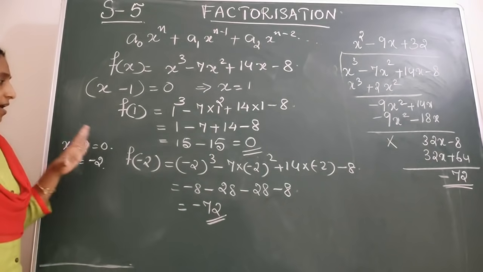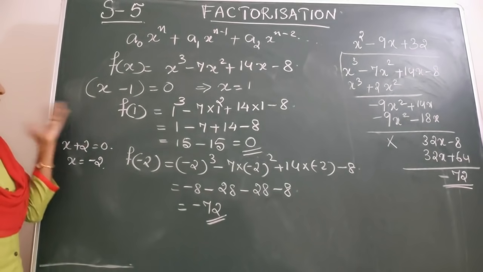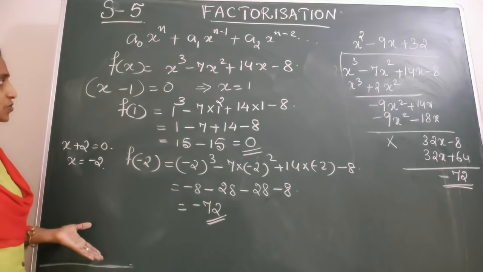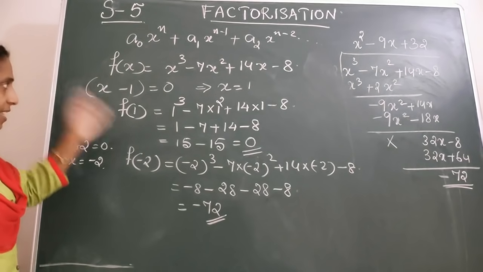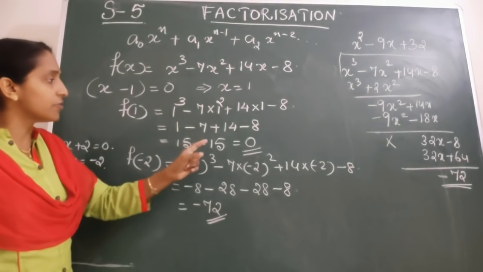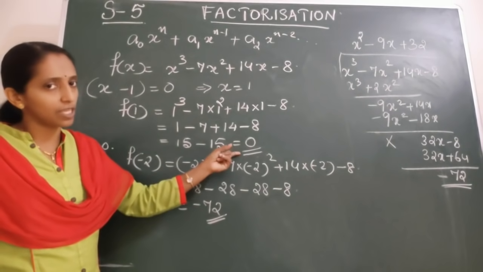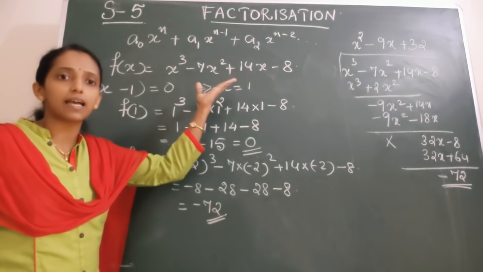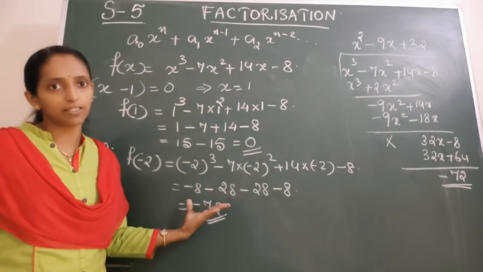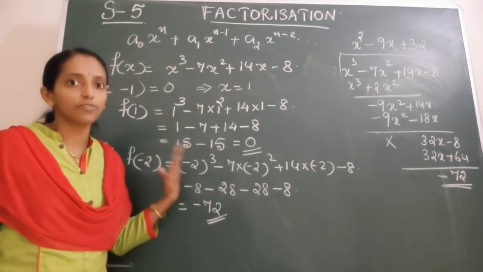Or you can check whether x plus 1 is a factor, or x minus 1 is a factor, or x minus 2 is a factor. What to do? The same procedure. You will take out the value of x. If you get the value equal to 0, it implies that that term is a factor of f of x.